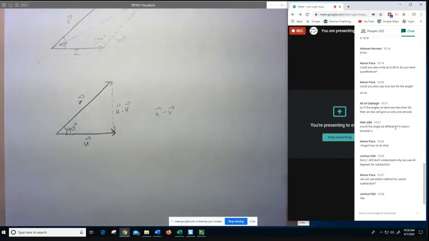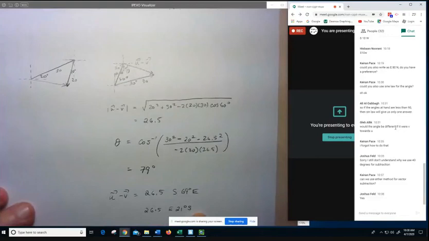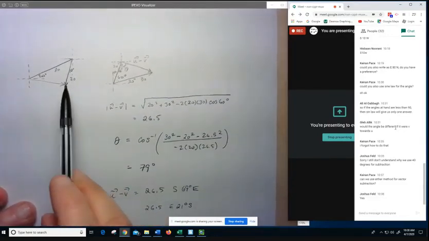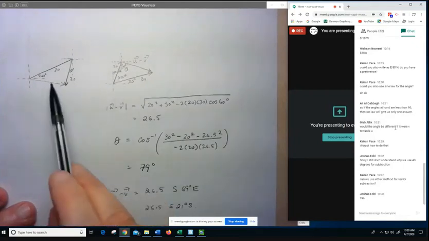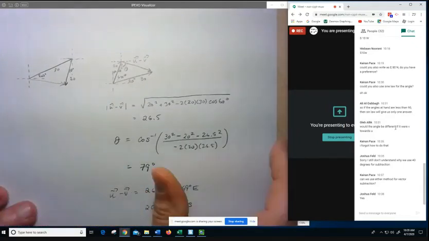Now when it comes to these examples where the vectors are given using cardinal directions, I don't know that one is easier than the other, so you can use either method.